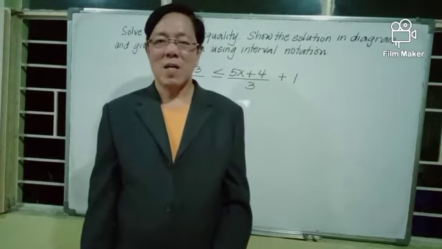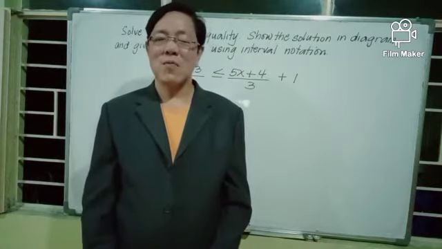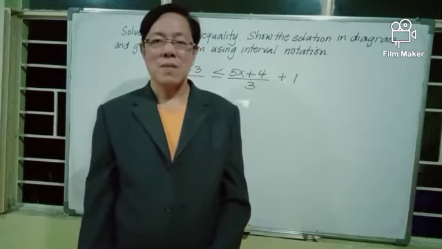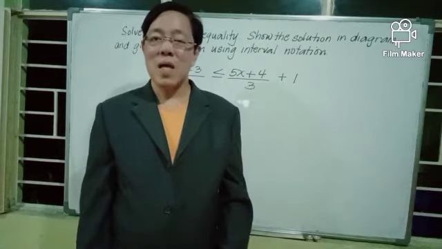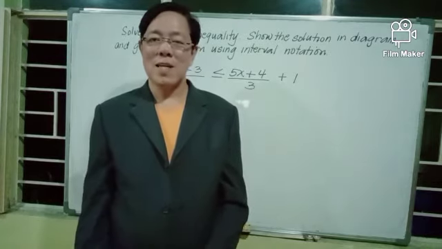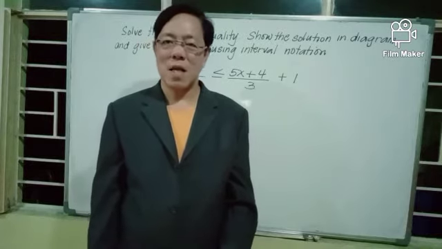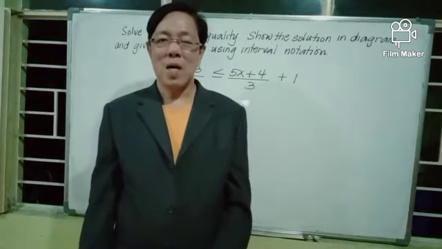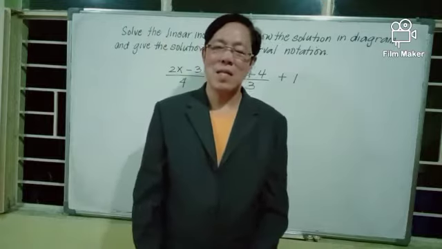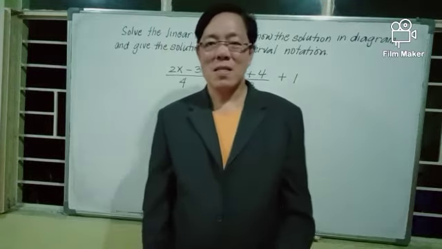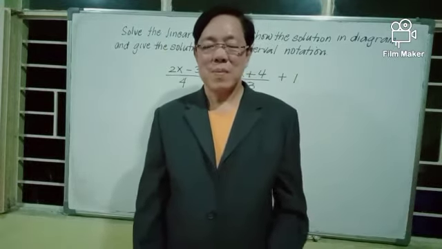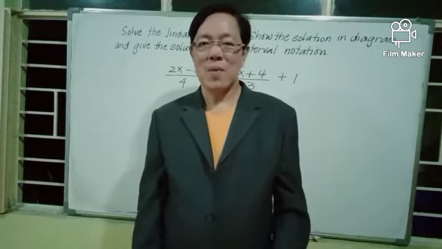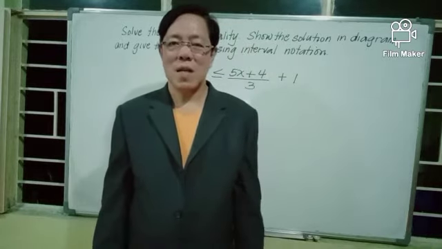And number 5, if you divide both sides of inequality by positive non-zero real number, the inequality sign remains the same.